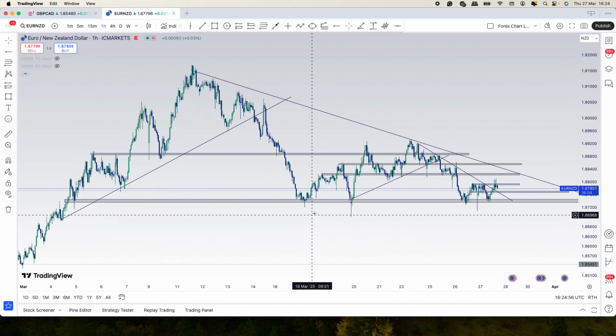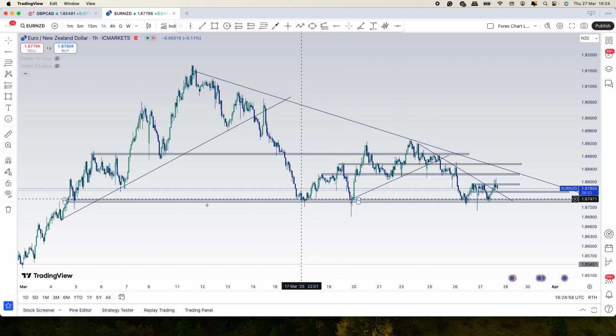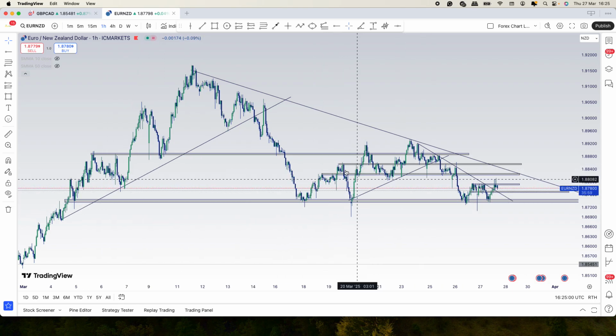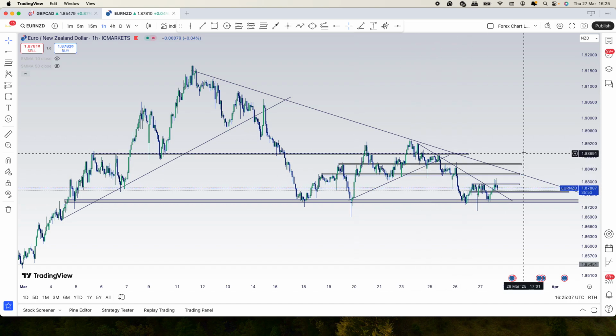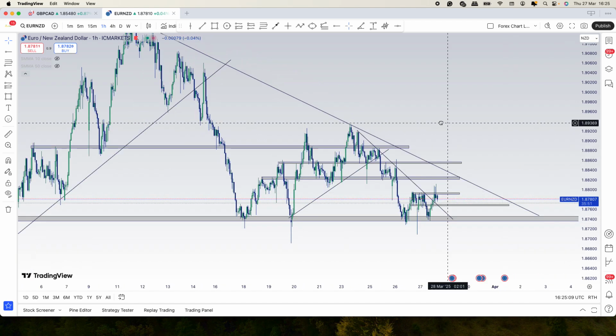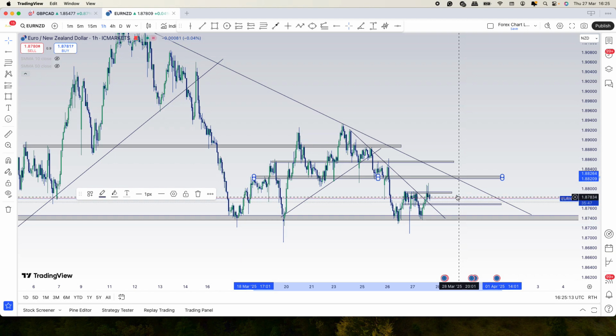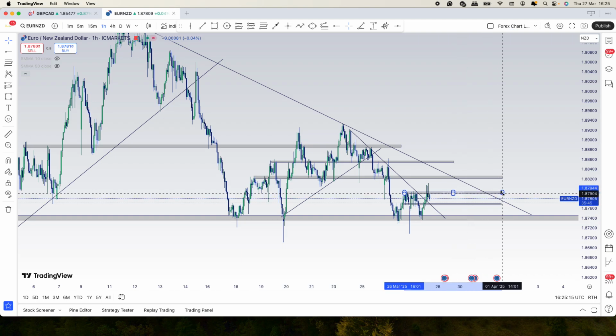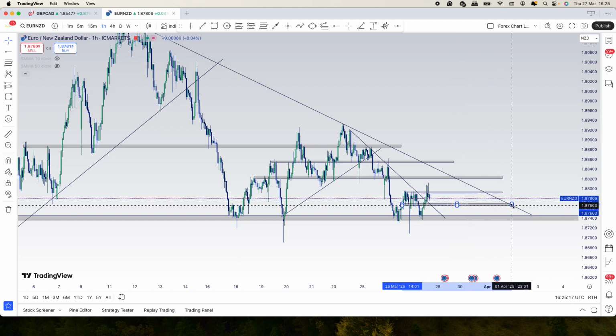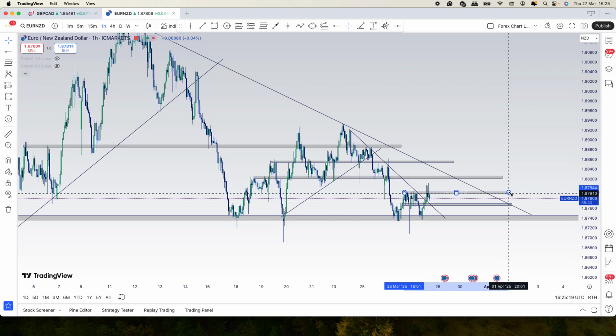That's one thing you need to take into consideration. Although the more you test, it's like knocking on a door. The more you knock on it, the weaker it gets, as the saying goes. But if we get a break of this higher time frame, then we're definitely going to be in for some good upside.